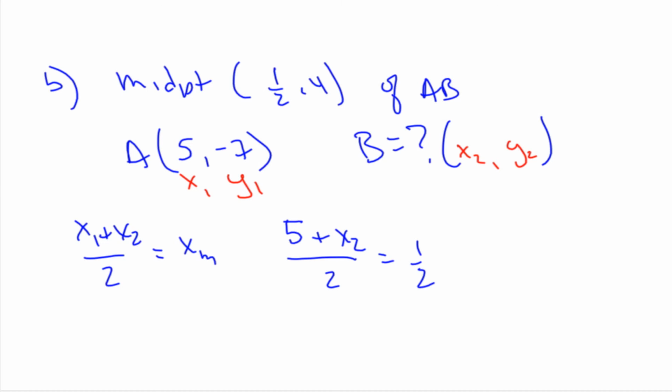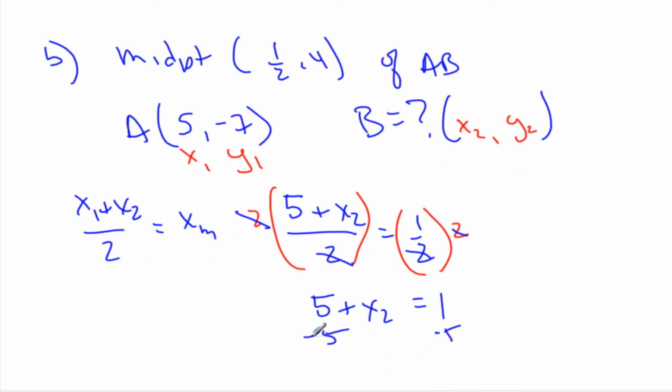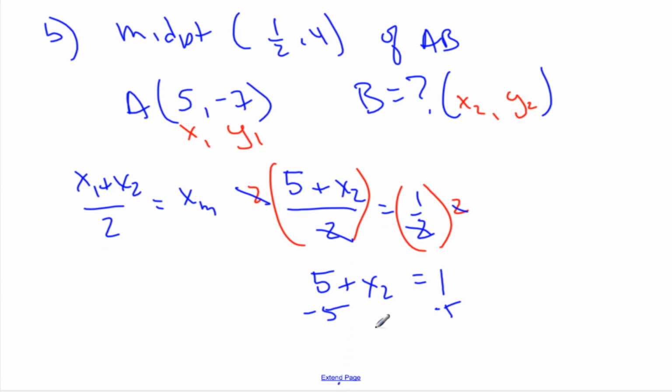Okay, well, just multiply both sides by 2. So you've got 5 add x2 equals 1. Those cancel. And so 5 add x2 equals 1. Then take away 5, and x2 is going to have to be -4.